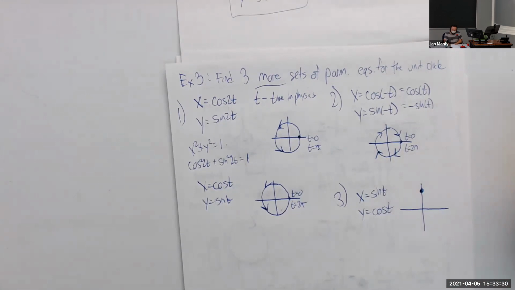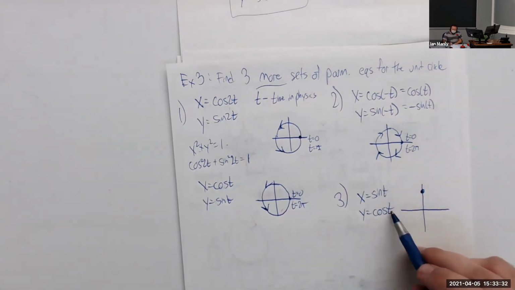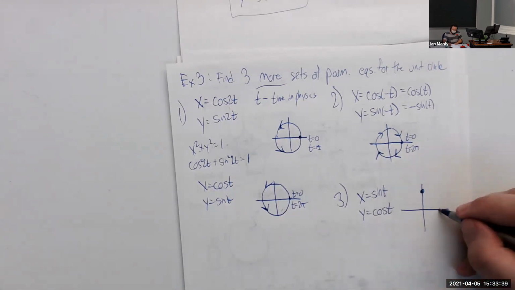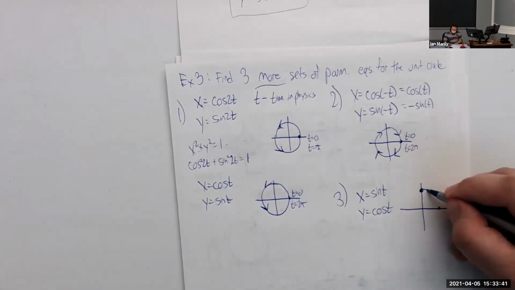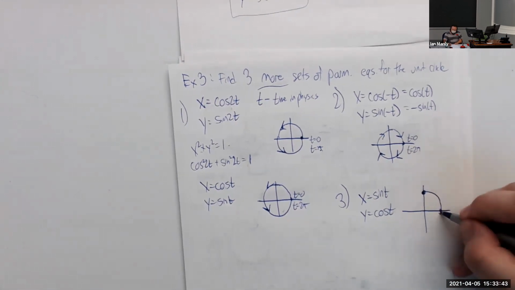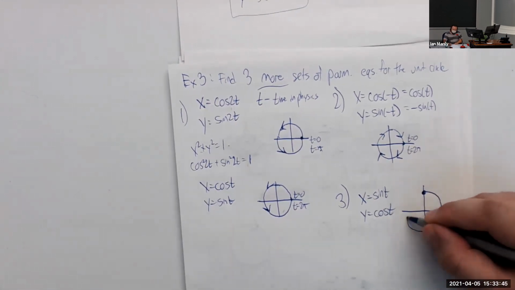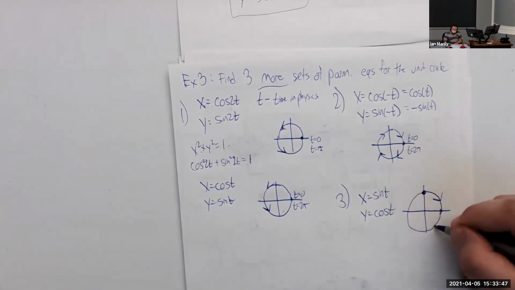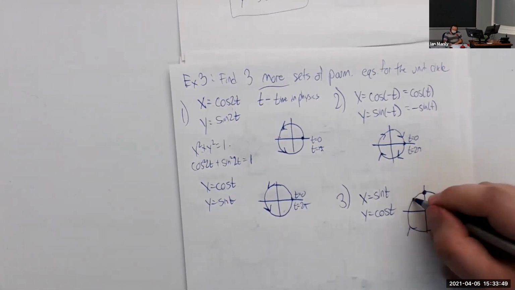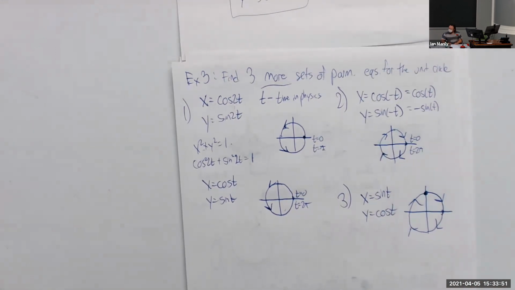So we're going to start here. If we plug in t is pi over 2, sine of pi over 2 is 1, cosine of pi over 2 is 0. So not only are we going around the circle backwards, but we're also starting in a different place. But nevertheless, it still gives us the circle right here.